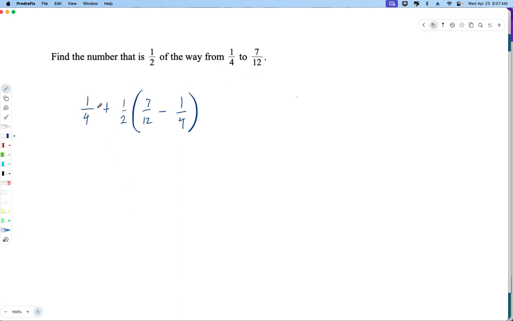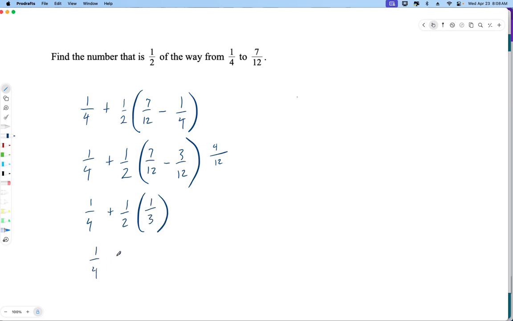So this first number here is in the front and the end, and then the fraction, and then the last number here. So we do what's in the parentheses first. That's our PEMDAS. We need to make this a common denominator with this, so we multiply this by 3. So 1/4 plus 1/2 times 7 minus 3 is 4 over 12, that's going to be 1/3.